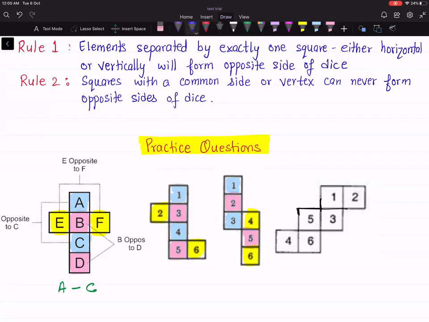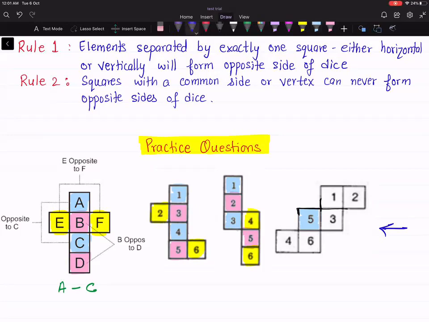Now the question is trickier with this particular set. In this, if you will see, none of the two squares are separated horizontally or vertically by one square box. So here rule number 2 you will use. Rule number 2 says that if any particular square is touching any other square by sharing the side or vertex, then they cannot be the opposite sides.